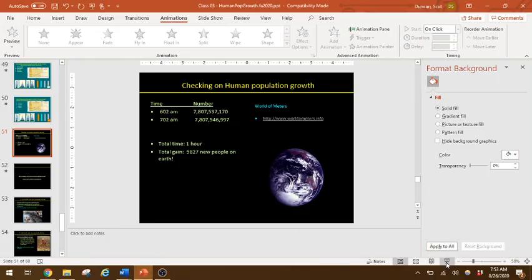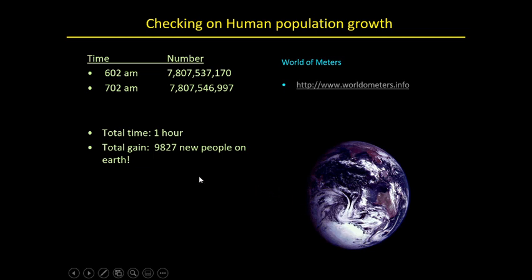Okay, so I got those stats up for us here. And about an hour later, world population was estimated to be 7,807,546,997.